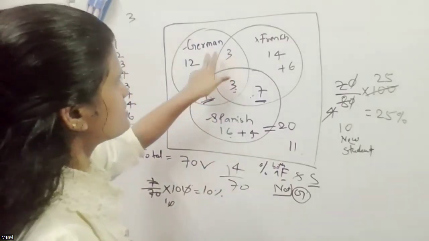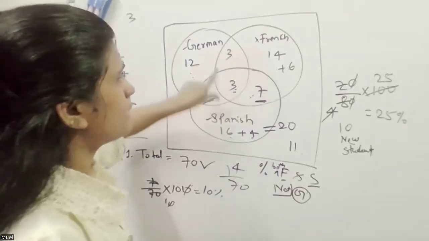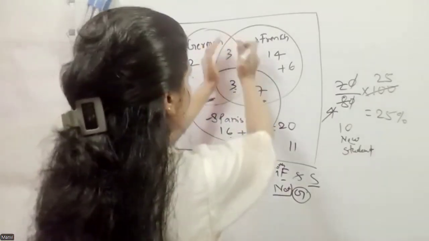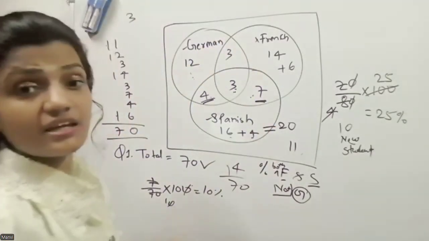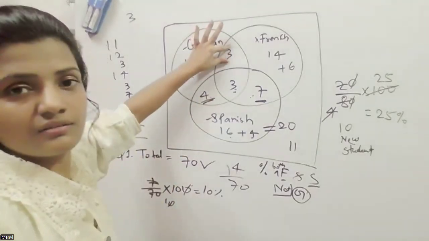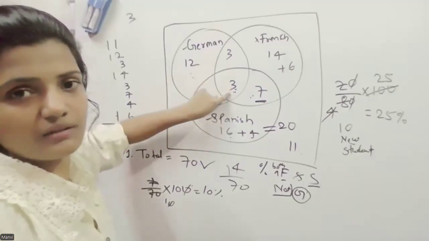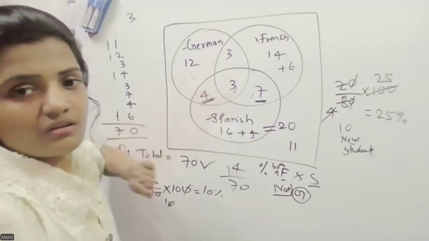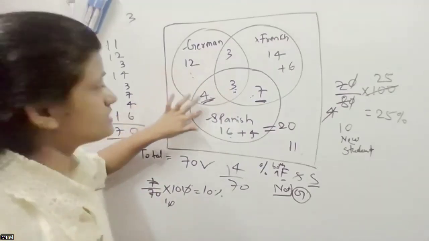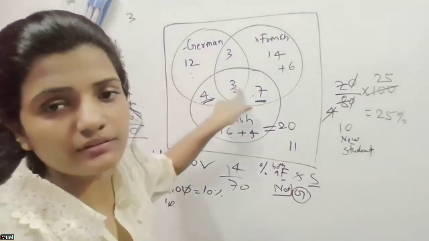So what does it mean? This 3 means German and French. If they ask German and French, then we need to add these two. If they say only German and French, then these 3 only, because the other 3 also speak Spanish. Only German and Spanish means this 4. If they say German and Spanish, we need to add 4 and 3.